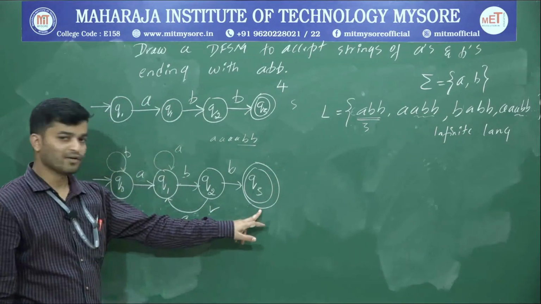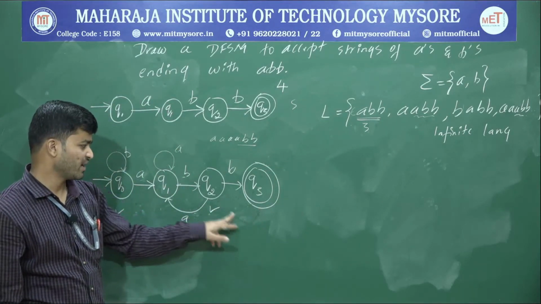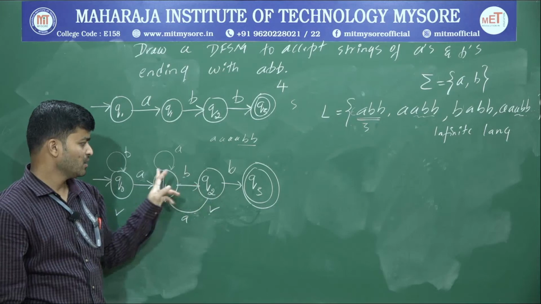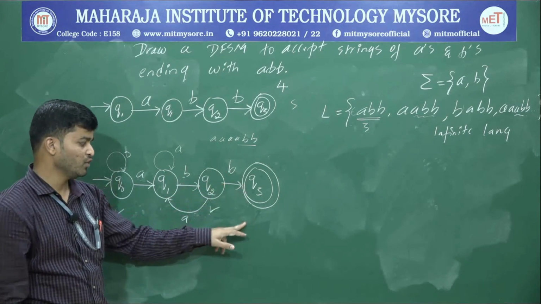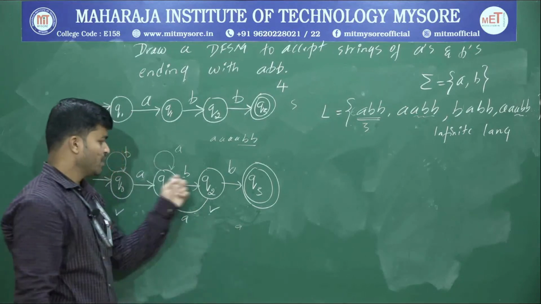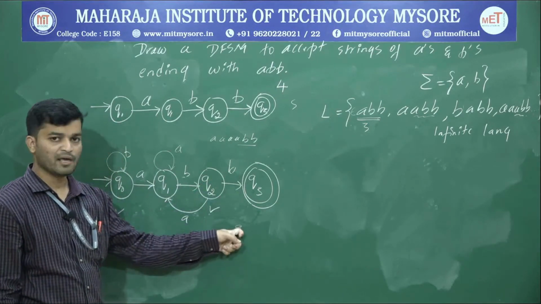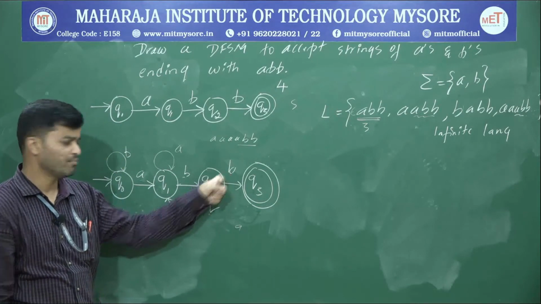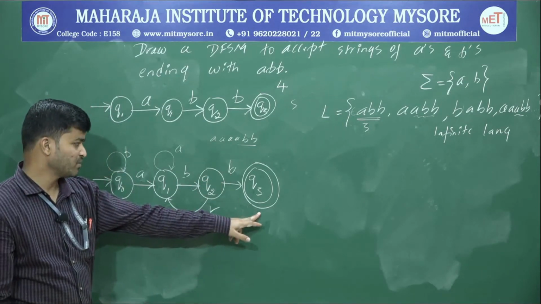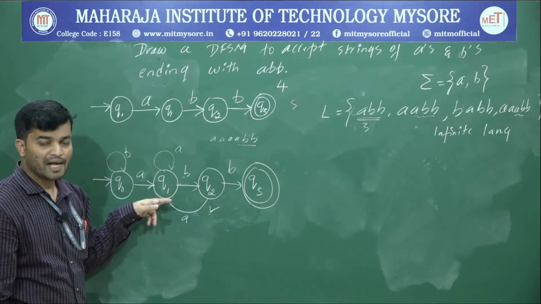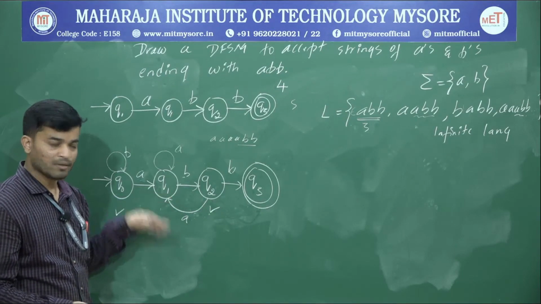Now what's the next thing? Try to connect with the next nearest state. If I connect here, then I'll get ABB, then AB. So that is going to end with AB. ABB, so again AB. So it is going to end with AB. Therefore, connecting to Q2 is also not a valid option. Just observe. Somewhere, if I connect, I'll get BB at the end. ABB.